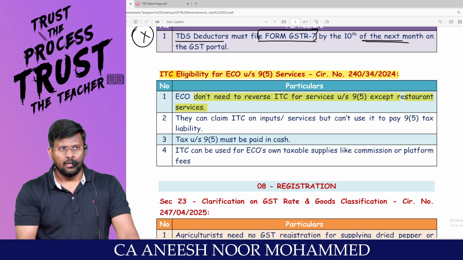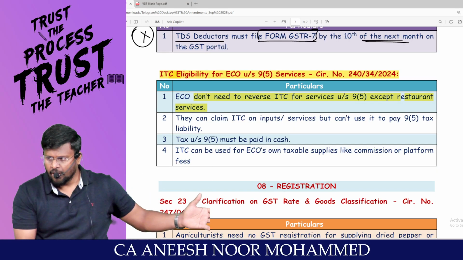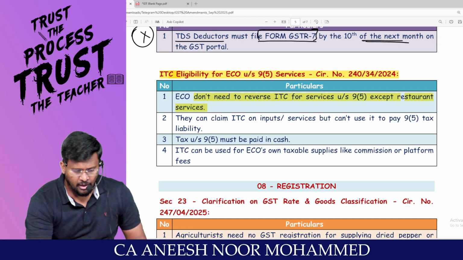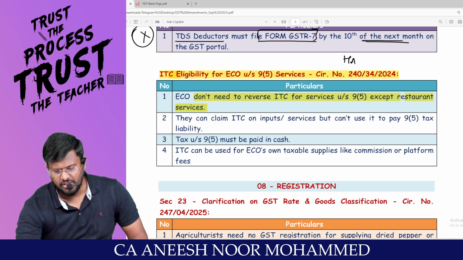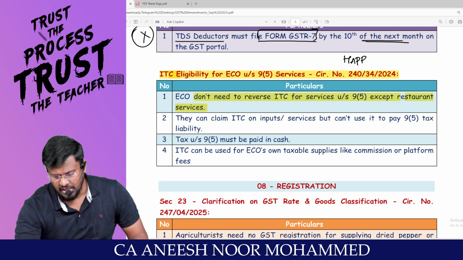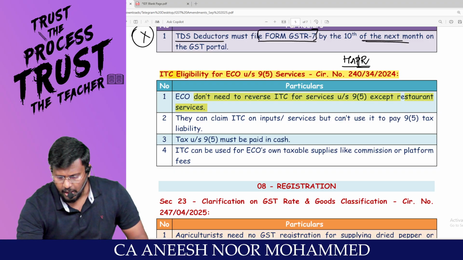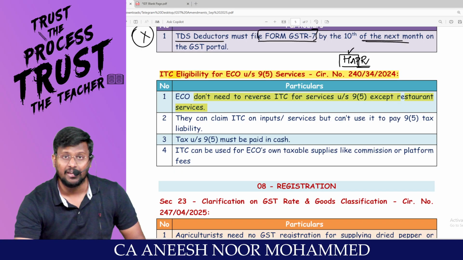But they will be collecting output tax for the specified services like housekeeping services, accommodation services, passenger transportation services, restaurant services. For restaurant services, it is blocked credit. They can't take ITC. For all the remaining services, the e-commerce operator can take ITC.